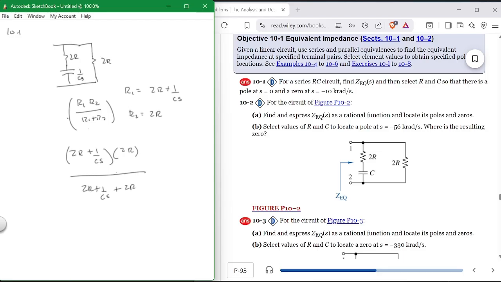Oh, it's 4R squared plus 2R over CS, all over what? 4R plus 1 over CS.